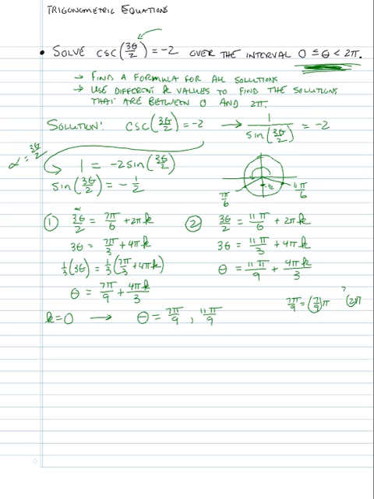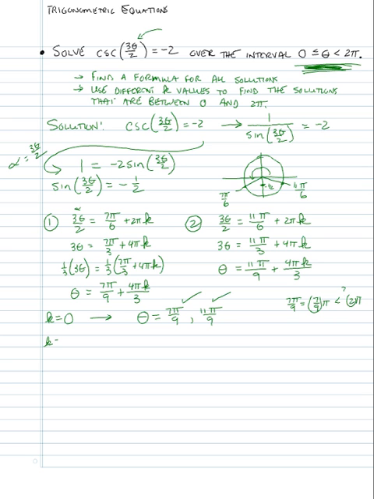Of course it is. 7/9 is smaller than 1, isn't it? So that means that 7 pi over 9 is in fact less than 2 pi. It's between 0 and 2 pi. And likewise for 11 pi over 9. Since 11 over 9 is just a little bit bigger than 1, it's not 2, then both of those are values between 0 and 2 pi.